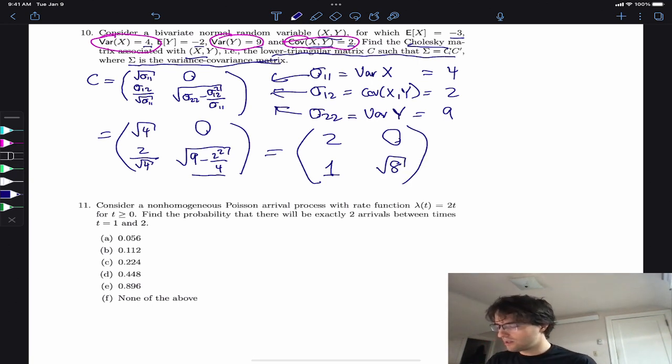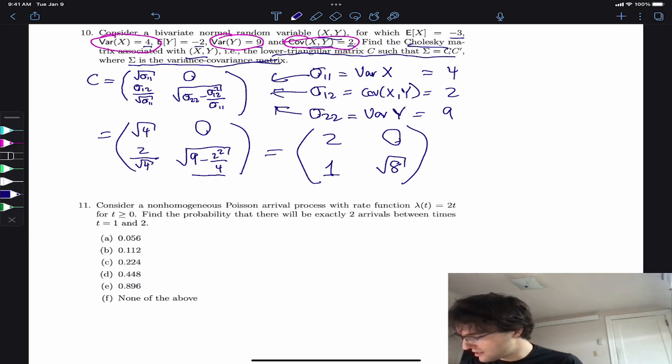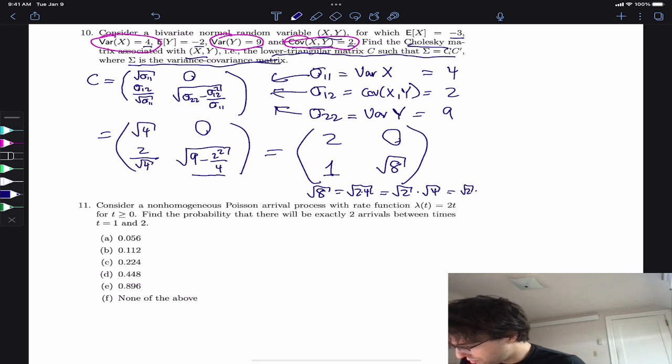I believe Dr. Goldsman simplifies it. Square root of 8 is equal to square root of 2 times 4, which is square root of 2 times square root of 4, which is 2 square root of 2.